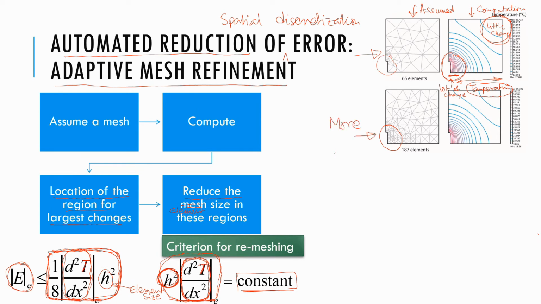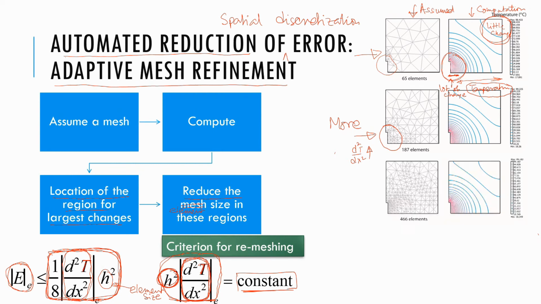More elements are put in. Why? Because in those regions, d square T dx square is greater because temperature is changing more rapidly. So I keep doing this at several stages.